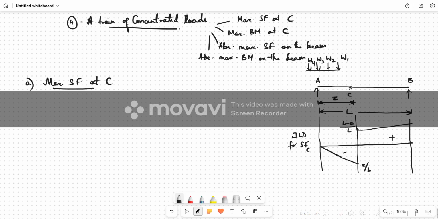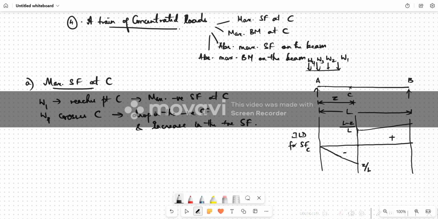What you can write here is, when W1 reaches the section C, you have a maximum negative shear force at C. Once W1 crosses C, there is a drop in the negative shear force and an increase in the positive shear force developing.